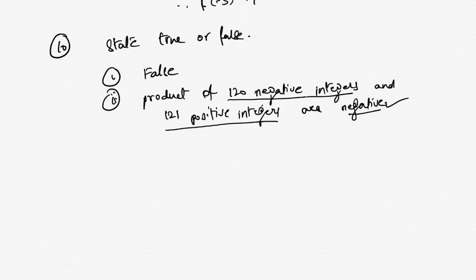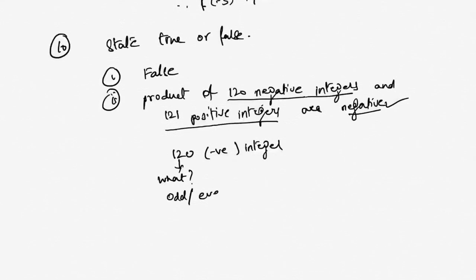Now let's see. 120 negative integers. Now I say, what is 120? Is this odd or even? Yes, this is even, not odd. So this is positive. So in 121, now we have 121 positive integers.